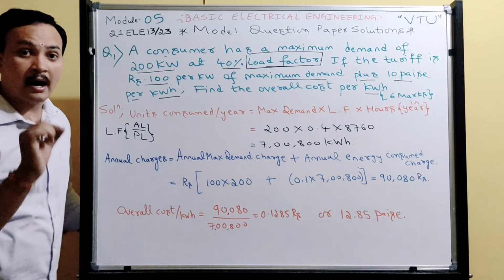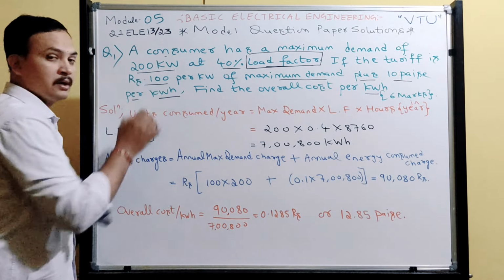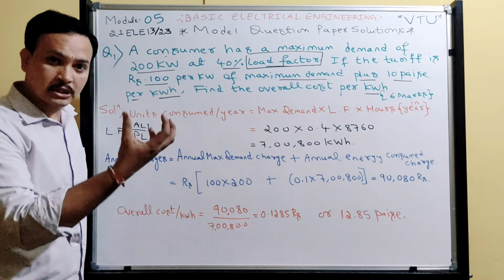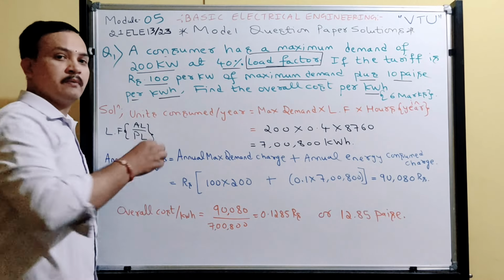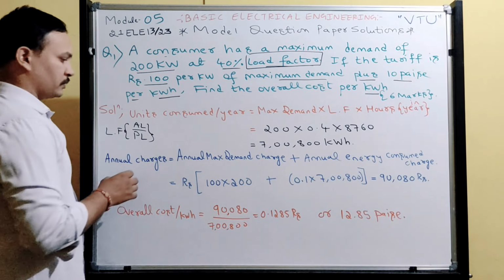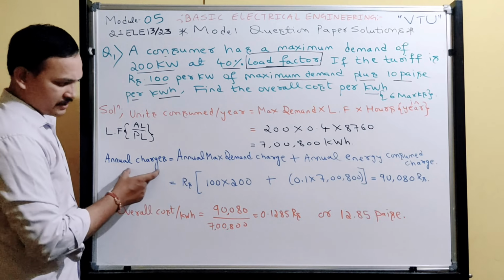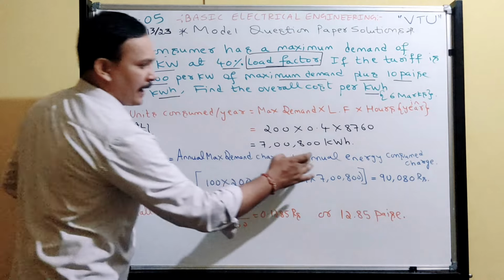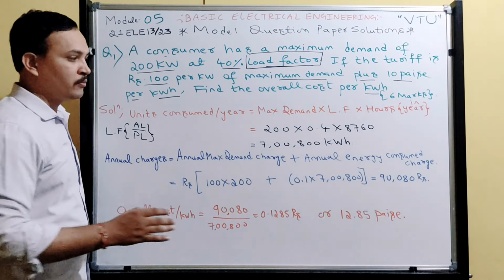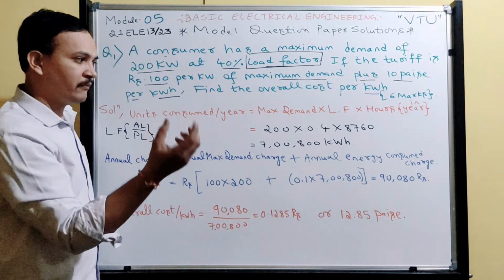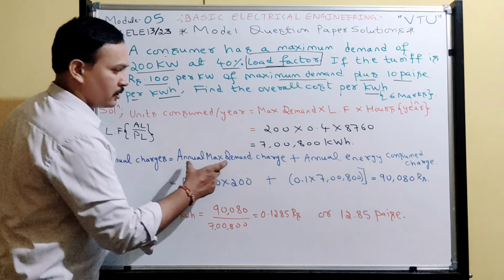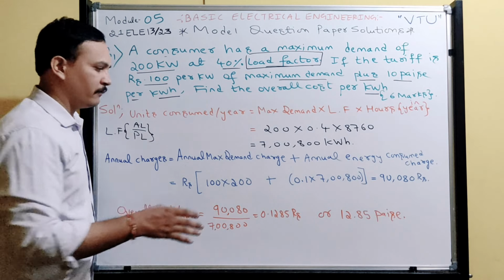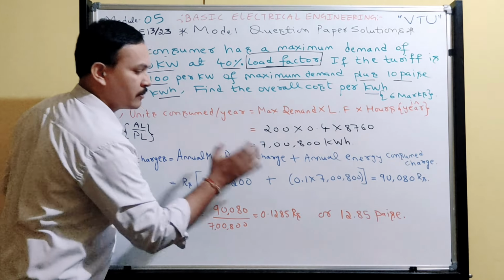This power of 200 kilowatt will be there for the entire year. Whether the consumer consumes power or not, this power is given throughout the year. Therefore, annual charges is equal to annual maximum demand charge plus annual energy consumed charge. There is a separate cost for how much energy is consumed by the consumer, and a cost for the power being available whether he consumed it or not. That is the annual maximum demand charge.